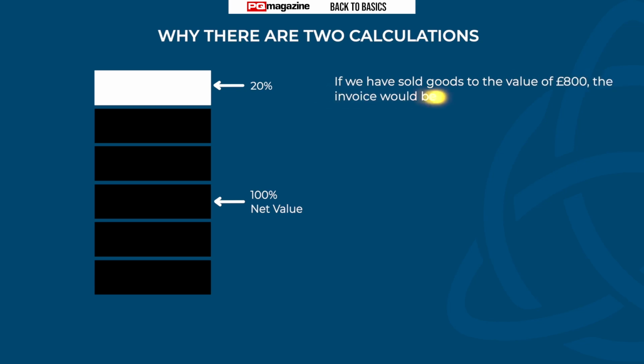Let's just demonstrate that. If we sold goods to the value of £800, the invoice would be calculated as £800 multiplied by 20% equals £160. This is the VAT that will be added. £800 plus £160 is a gross invoice total of £960.